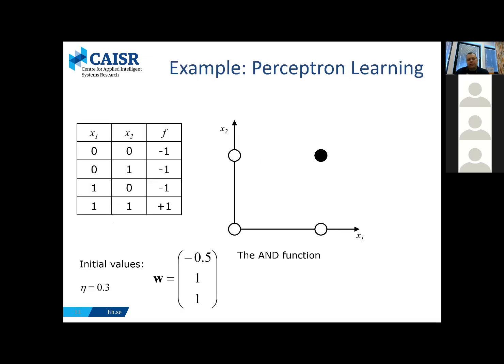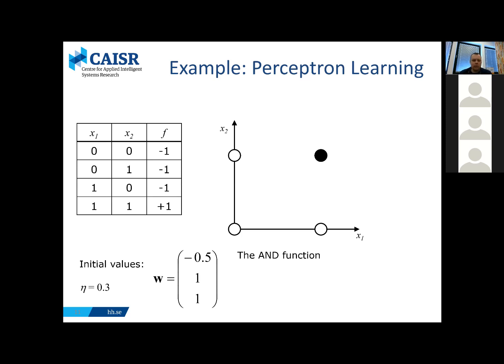So if we look at an example of how this could actually work, right? So we have our neuron. Let's say we have two inputs, x1 and x2, two-dimensional input. We want to learn the AND function. Right? So you have f. AND function obviously is +1 if both inputs are true, and -1 in the opposite cases.